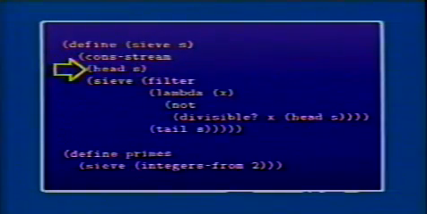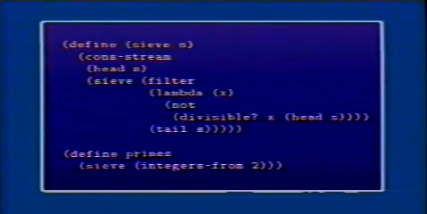And the rest of it is the result of taking the tail of S, filtering it to throw away all the things that are divisible by the head of S, and now sieving the result. That's just what I did. And now, to get the infinite stream of primes, we just sieve all the integers starting from 2.